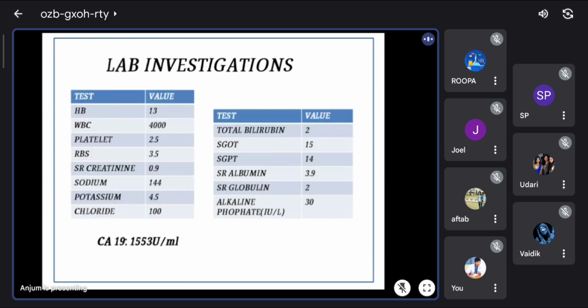So this was the patient when he came for cycle 2. These were the lab investigations. Everything was normal, but his CA19-9, as I told, is a marker for pancreatic cancer.